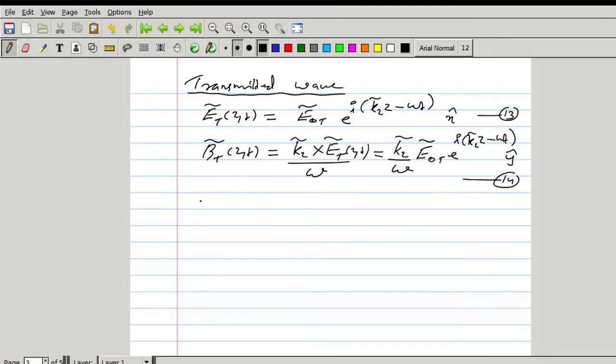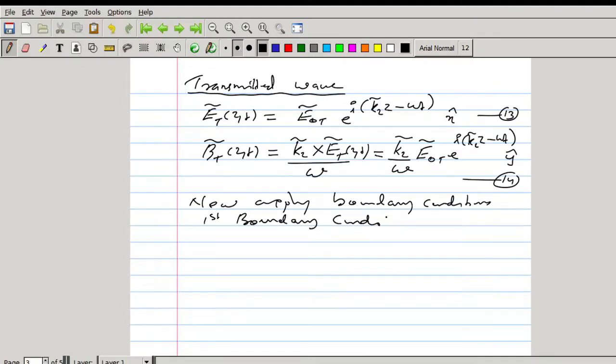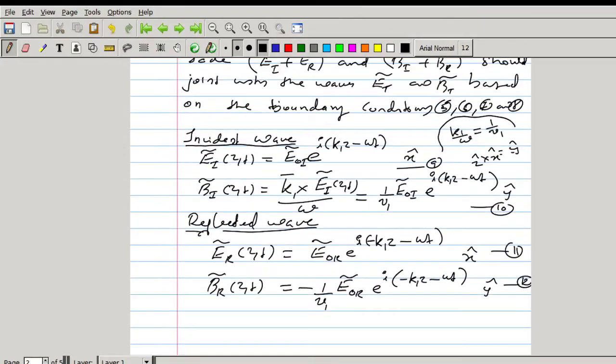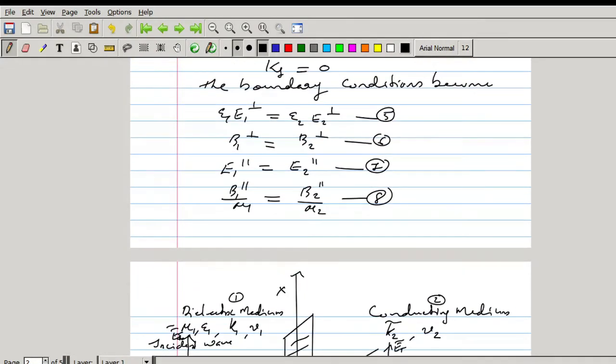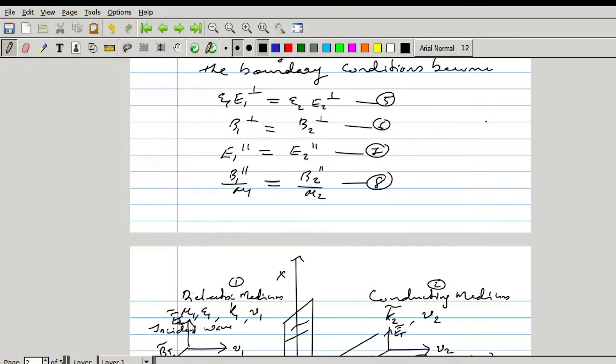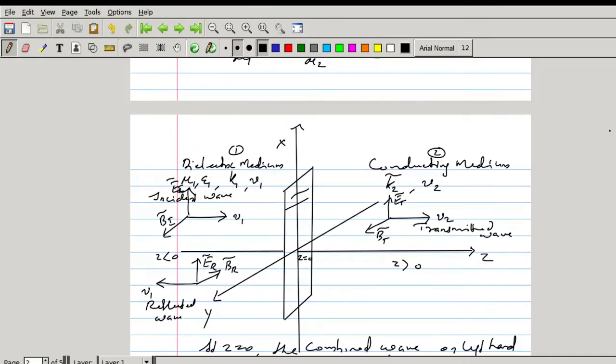Now apply boundary conditions. First boundary condition is epsilon 1 E1 perpendicular equal to epsilon 2 E2 perpendicular. What is the perpendicular component of electric field?